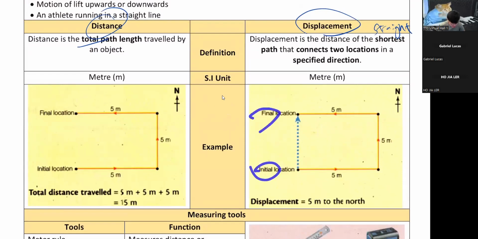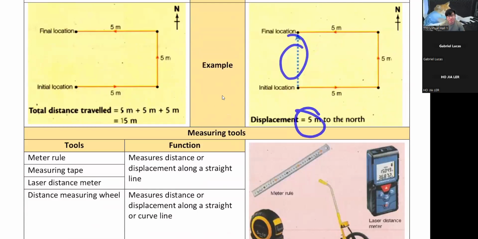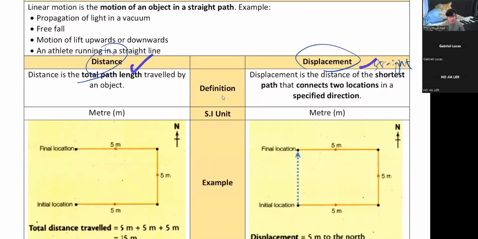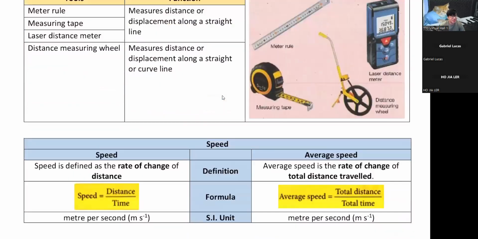So from start to end, I draw a straight line. This is my displacement. That would be 5 meters. Both distance and displacement measure length. The difference is one is the total length, one is the straight line. End of story.